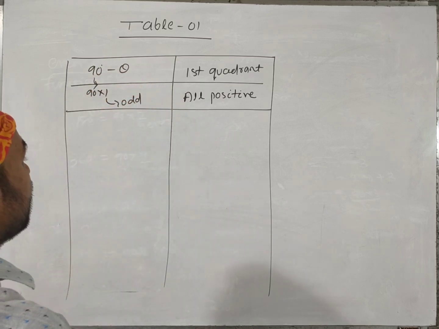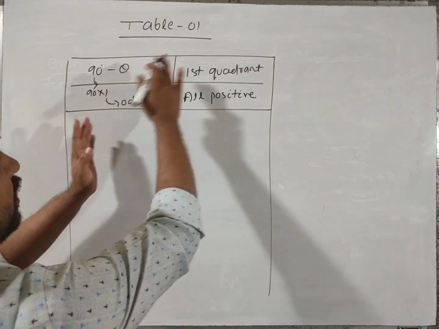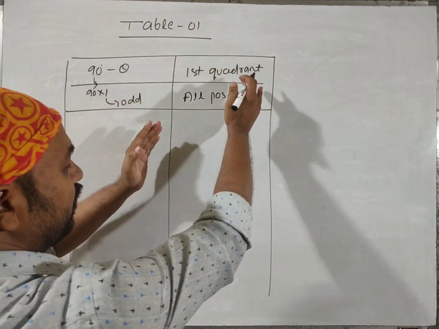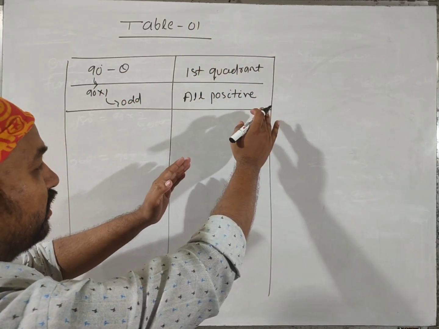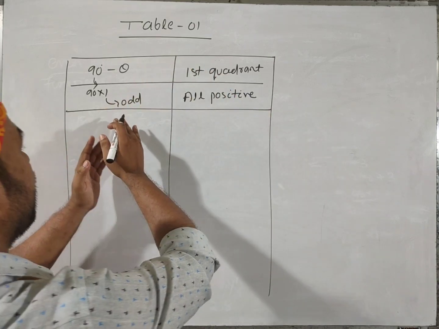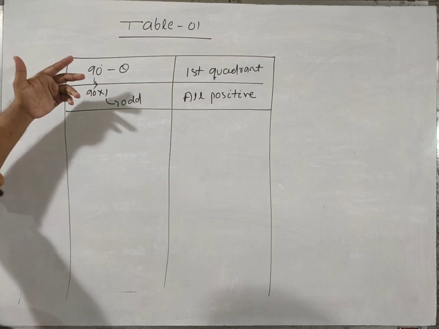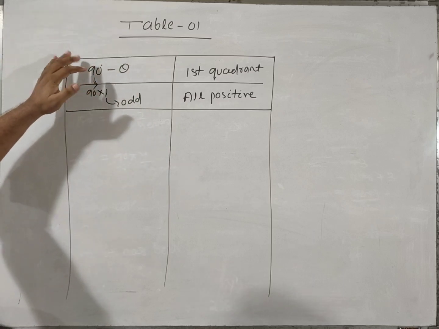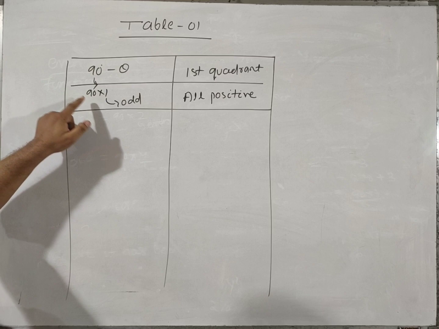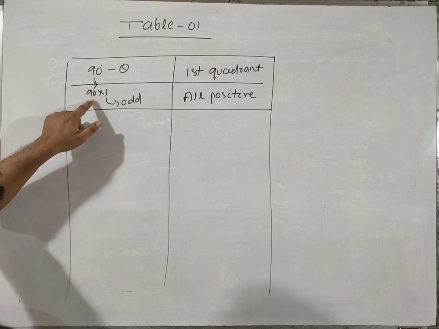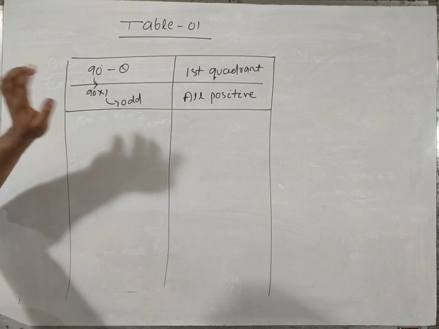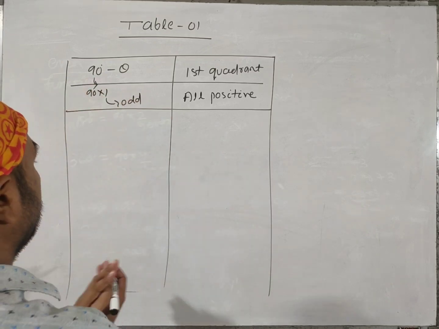As all of you know, 90 degree minus theta is present in the first quadrant, and in the first quadrant all the trigonometric functions are positive. The most important part is here 90 degree is the odd multiple of 90 degree. So this angle is associated with the odd multiple of 90 degree because 90 degree can be expressed in the form of 90 degree into 1, and 1 is an odd number.